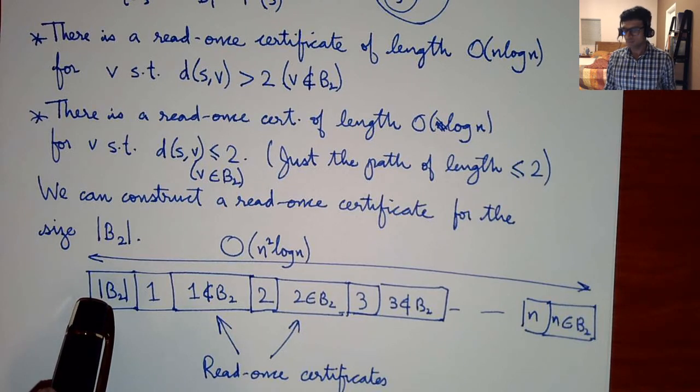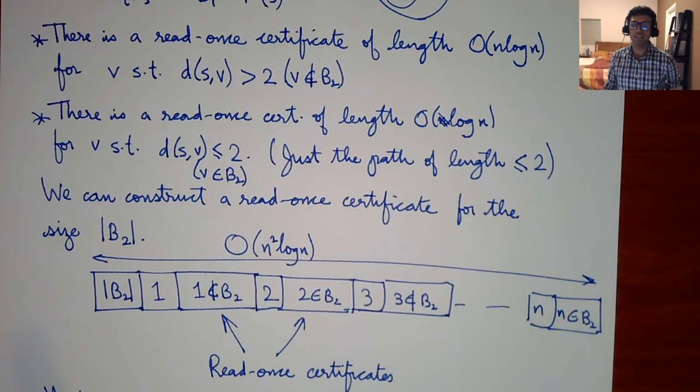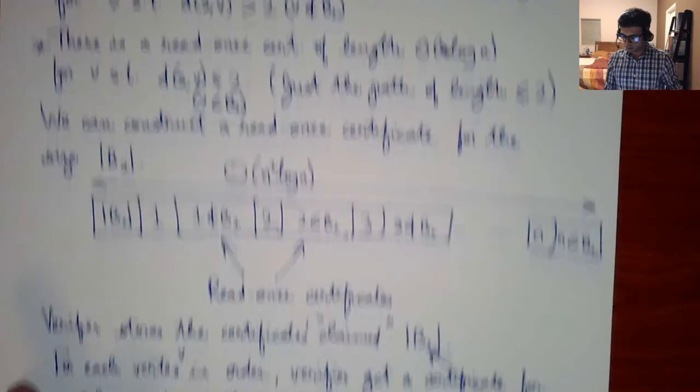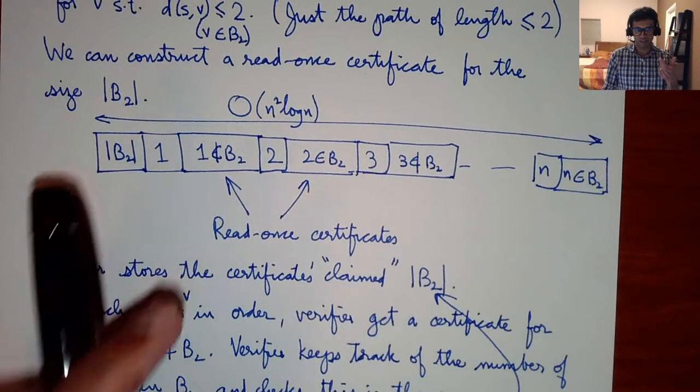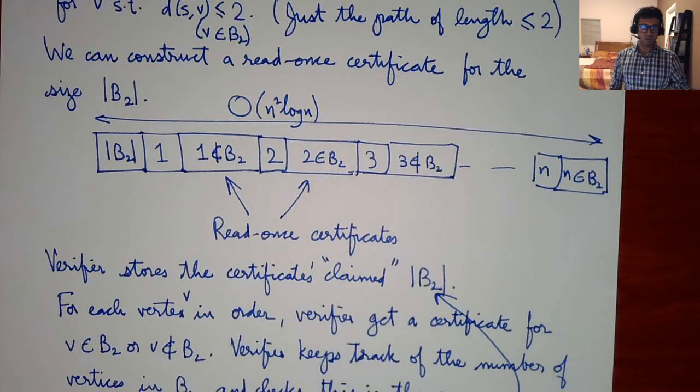Okay, I follow. The important point is that the verifier here just runs in log n space. It doesn't need to remember anything. All it does is remember the size of B2, and then it has some auxiliary space to check the certificate, but then it can just reuse that space.